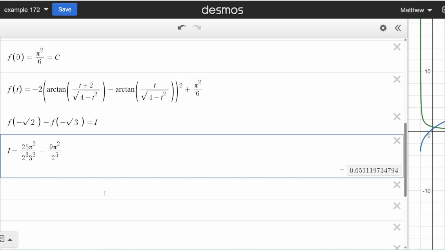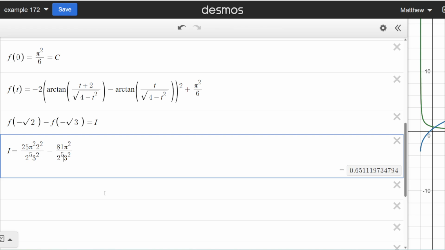All right, so let's figure out what's missing. Well, all we're missing here is a 2 squared. So let's do 2 squared and bring this up to a 2 to the 5th. And what we're missing here is a 3 squared. So we'll put a 3 squared up. That's actually going to become 81.